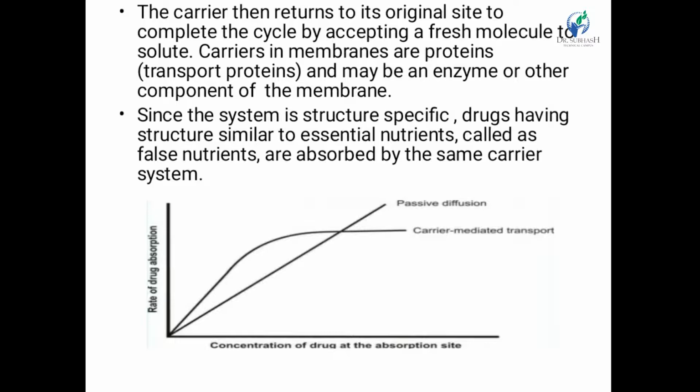This graph shows passive diffusion and carrier mediated diffusion, where the y-axis indicates the rate of drug absorption and the x-axis is the concentration of drug at the absorption site. So the rate of drug absorption in carrier mediated transport is higher than passive diffusion.